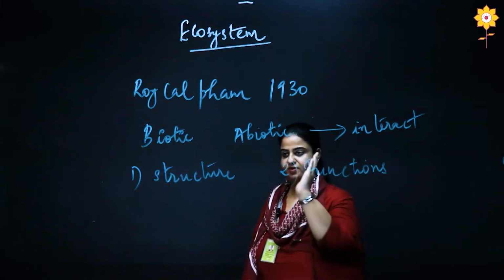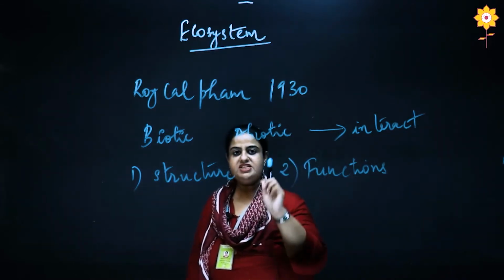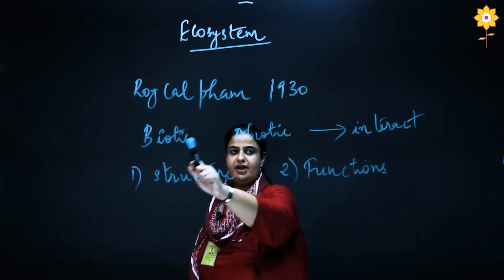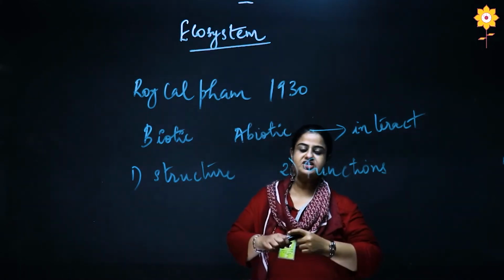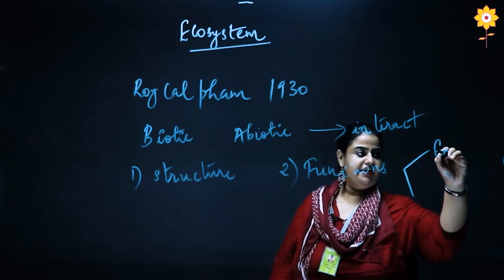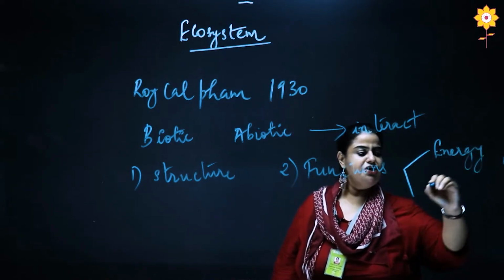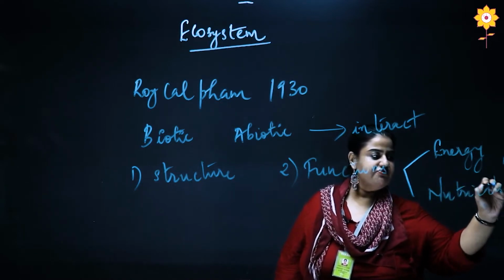First, our focus will be on structure, where we will be discussing the two major components of ecosystem, the biotic and abiotic components. Then we will focus on the functions, where we will be discussing the flow of energy in ecosystem as well as nutrients in ecosystem that helps to sustain life in the world.